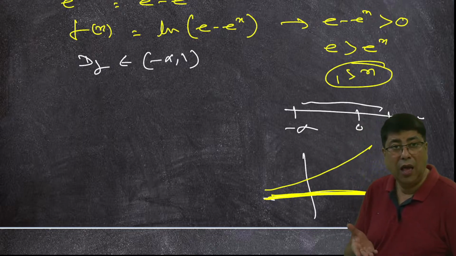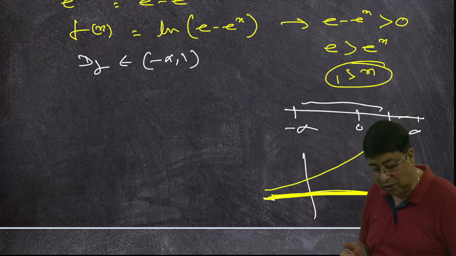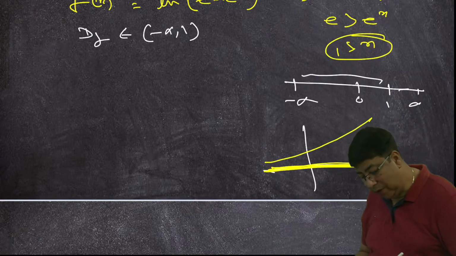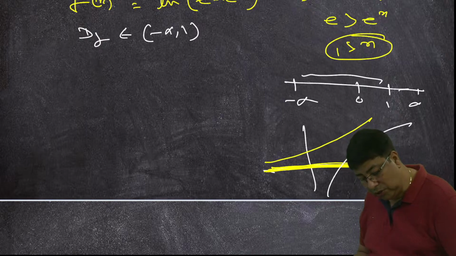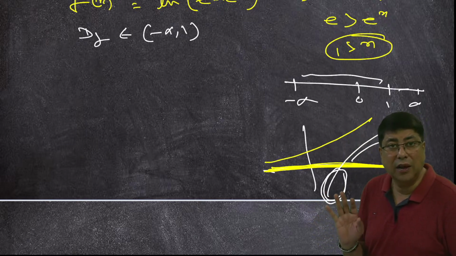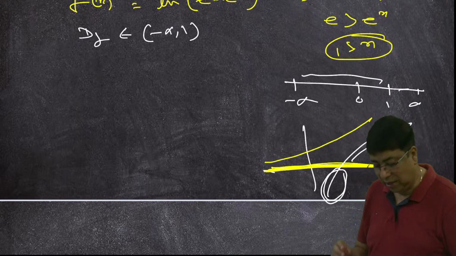If any curve is above this line, then it is greater than 0, like e to the power x. For example, if I draw log x, some part is less than 0 and the part after 1 is greater than 0. But e to the power x is always greater than 0.